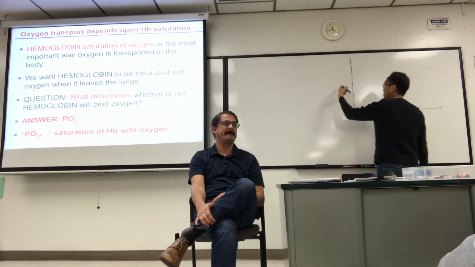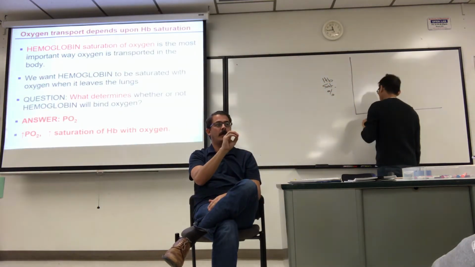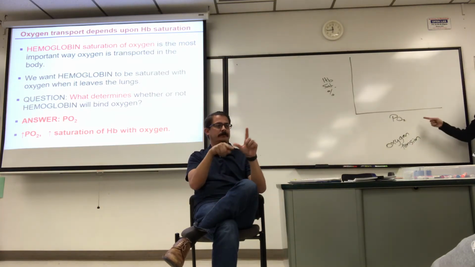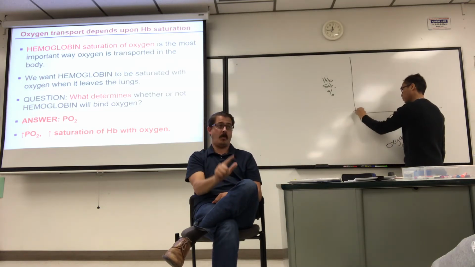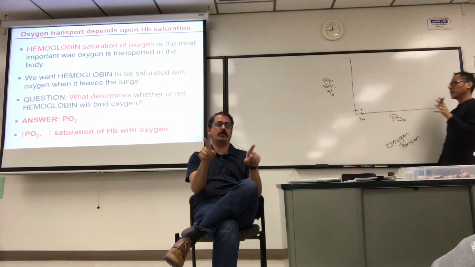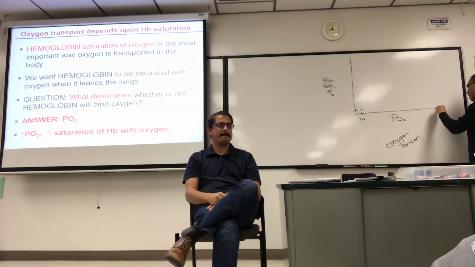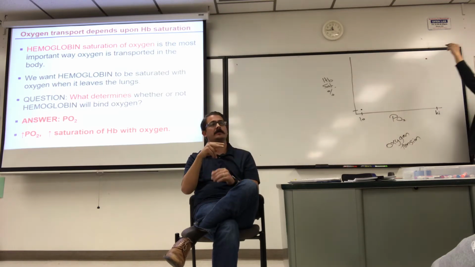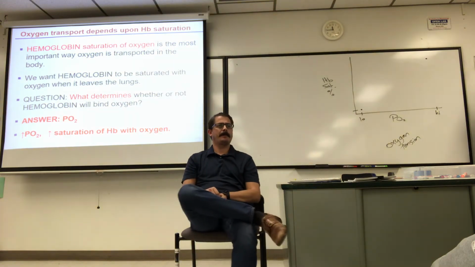We plot it against hemoglobin saturation as a percentage and just graph it against each other. The concept is if the partial pressure of O2 is low, saturation will be low. It will be hardly saturated. It won't bind the oxygen. And what we learn is that if oxygen tension is high, well, saturation will be high.